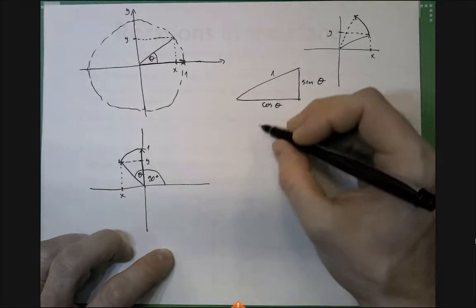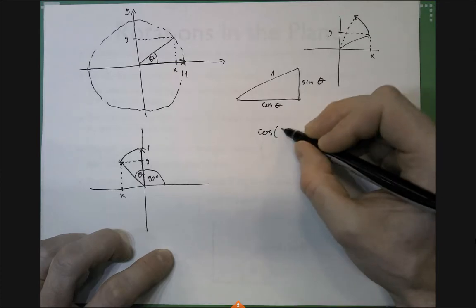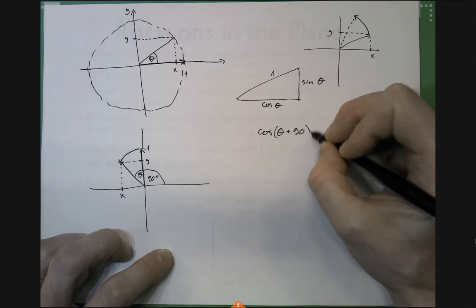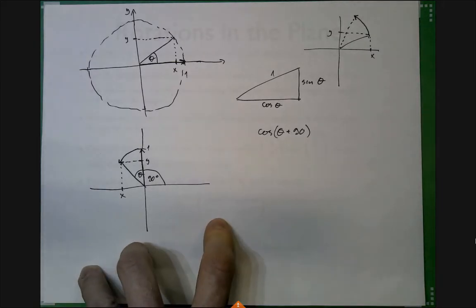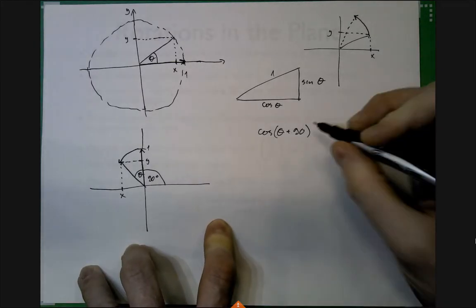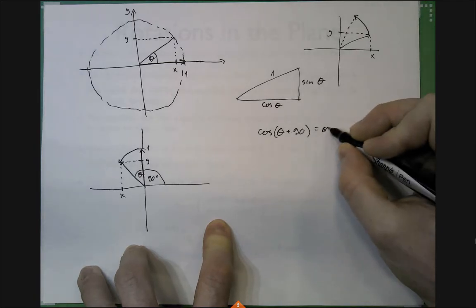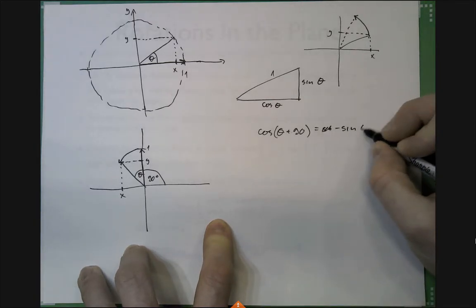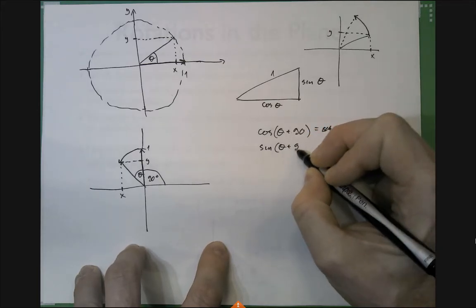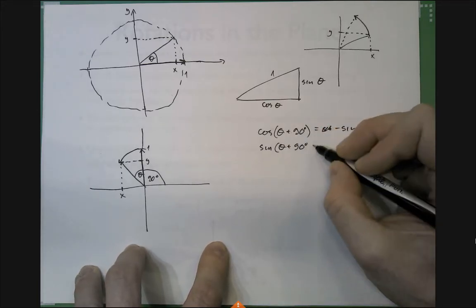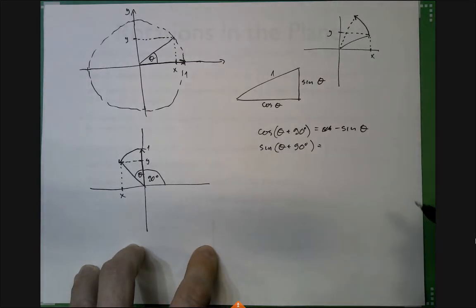And if you remember the trigonometry formulas, there are formulas which say that cosine of theta plus 90 is what? It's minus sine of theta. Let's not forget the minus sine of theta. And sine of theta plus 90 degrees is cosine of theta.